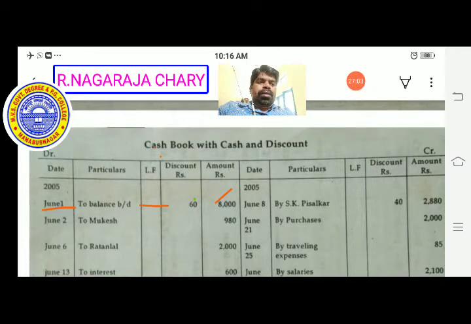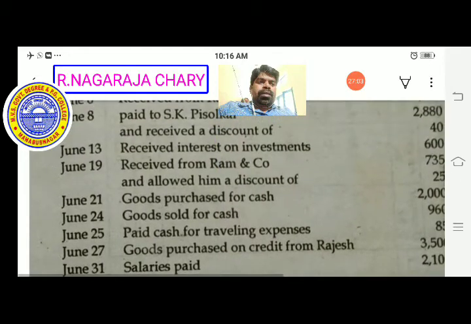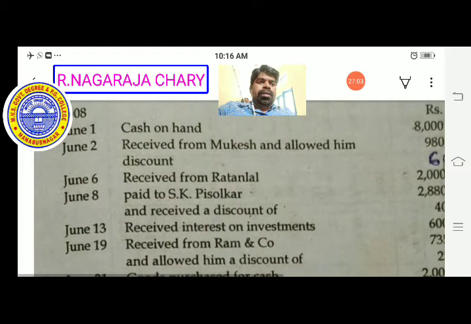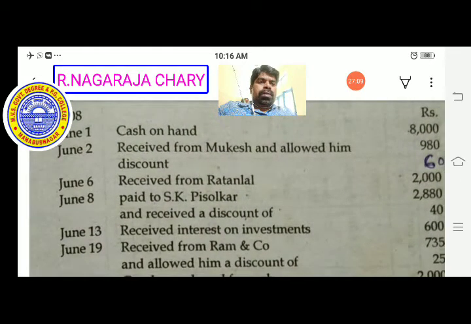Next, June 2nd, received from Mukesh 980, and allowed him discount 60 rupees. So, from Mukesh we are receiving 980 rupees and allowed him discount 60 rupees. Whenever we are receiving, you simply have to write on the debit side.